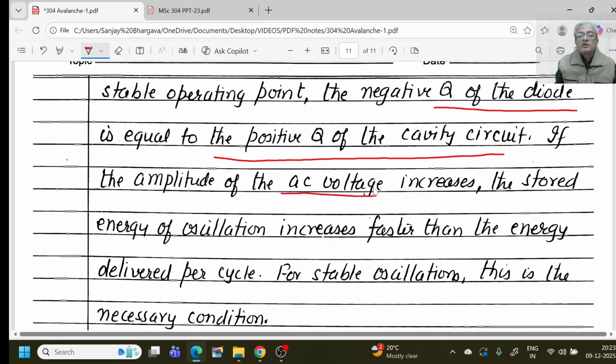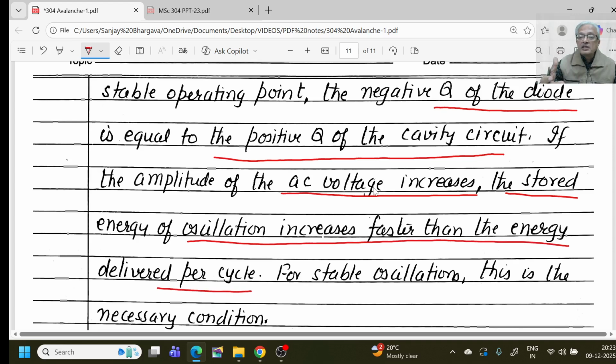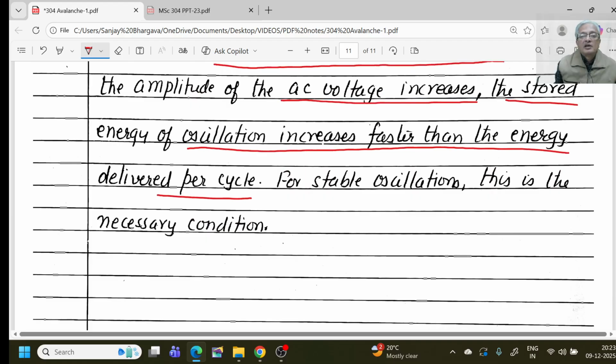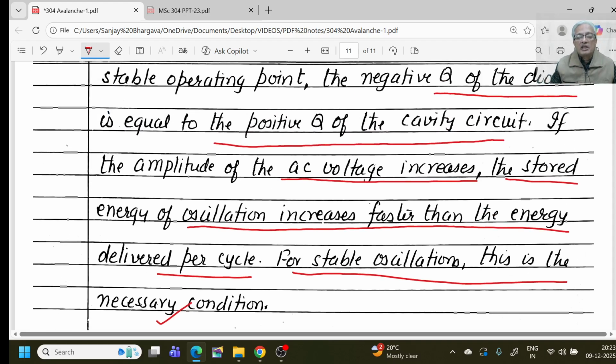If the amplitude of the AC voltage increases, the stored energy of the oscillation increases faster than the energy delivered per cycle. So for a stable oscillation, this is the necessary condition for obtaining maximum efficiency.